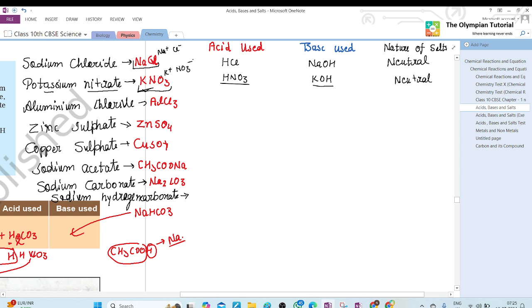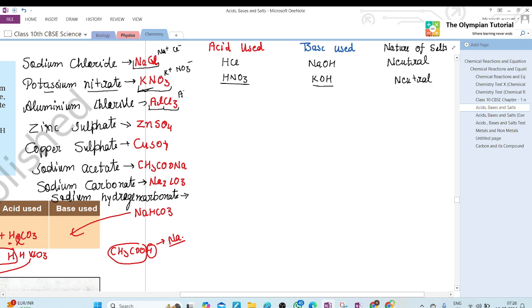Ishan, aluminium chloride. Acid used here? Firstly, let me know one thing. When you do ionization of this one, what will you get?